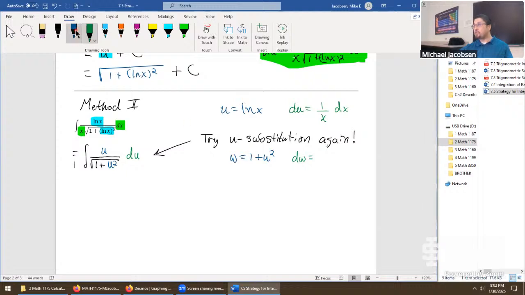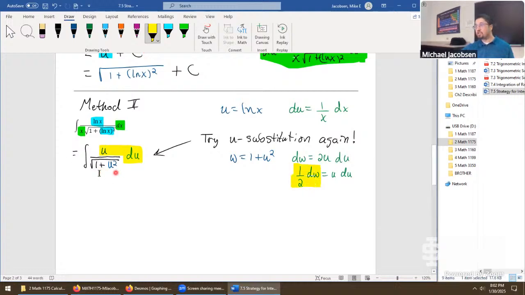We get the derivative of this part, which is just a 2u, and then go du, because u is the variable of differentiation here. We do have the u du, but we could lose the 1/2 if we'd like by just putting it right over here. 1/2 dw is u du. So now this u du right here just turns into that.